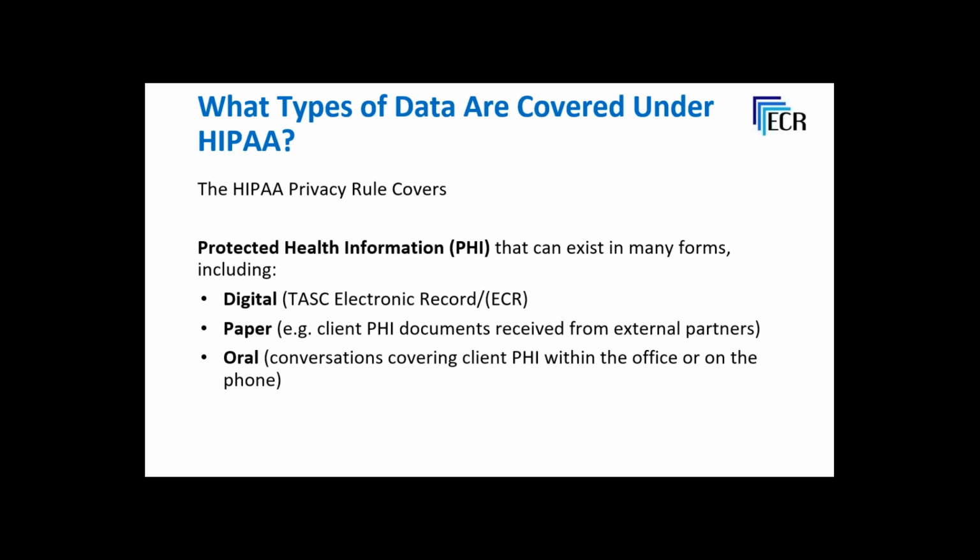The HIPAA privacy rule covers protected health information in many different forms, such as digital, TASC electronic client record, ECR, the client tracking system, paper, client PHI documents received from external partners, or oral conversations covering client PHI within the office or on the phone.